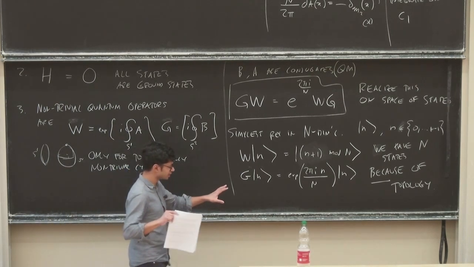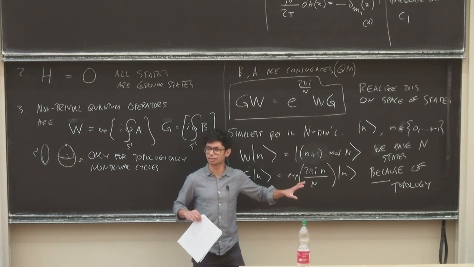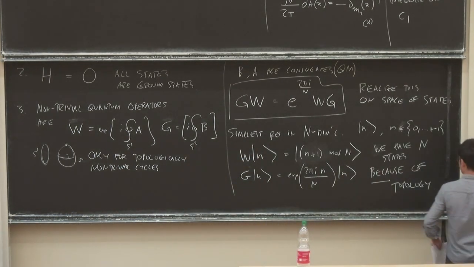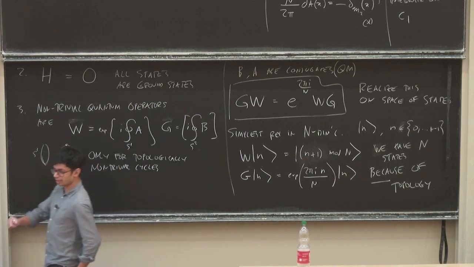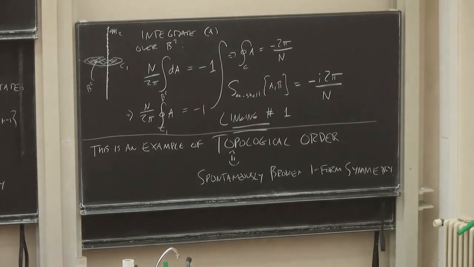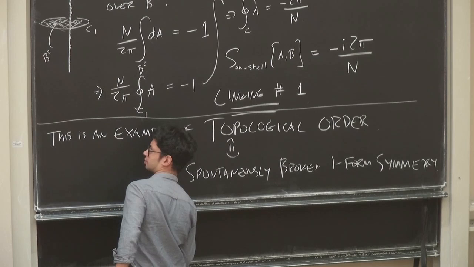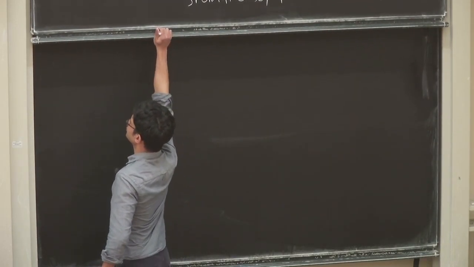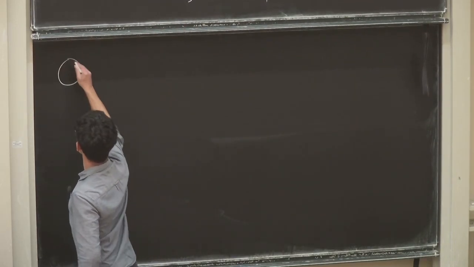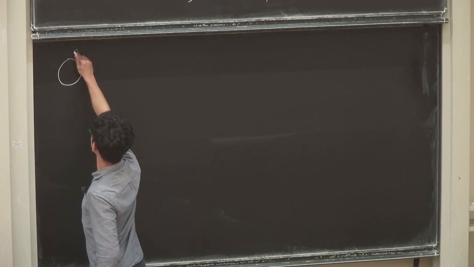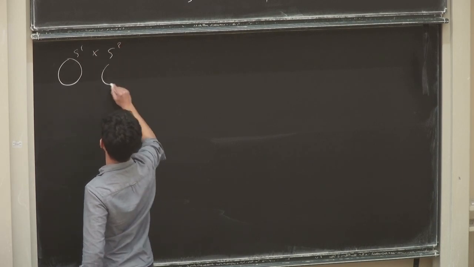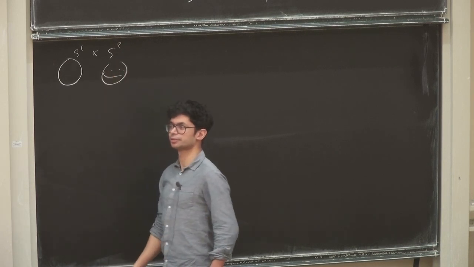Now, physically, what are these things? What's happening physically? So you can get an intuition for this by looking at what W is doing, right? There's a number n, and acting with W increases that number. So physically, my spatial manifold is like S1 cross S3, sorry, I keep saying that, S1 cross S2, this is my spatial manifold.